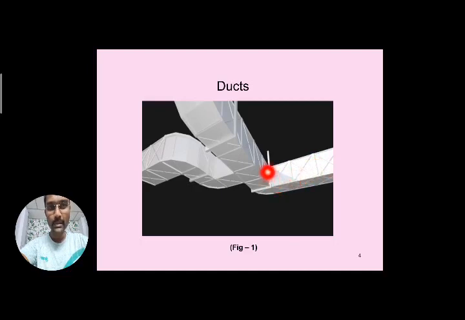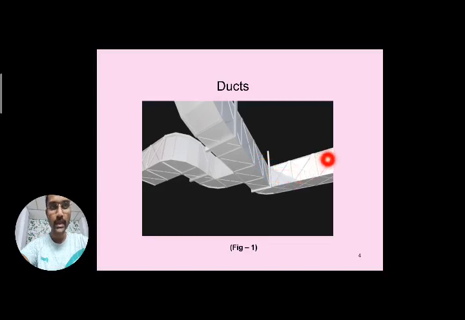It is just like a passage. Depending on the usage, we send air conditioned air, return air, air from the outside, or fresh air through these passages with different designs. A large volume of air can be passed through them. So these are the ducts.